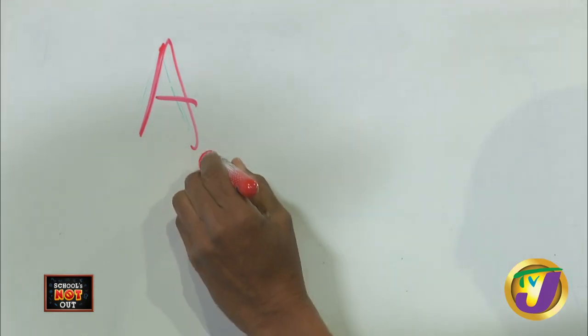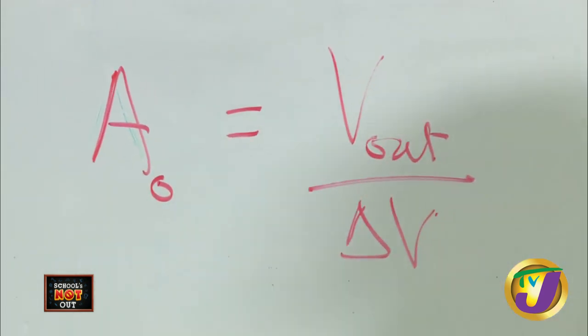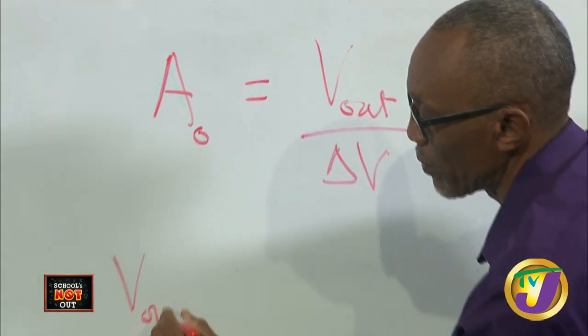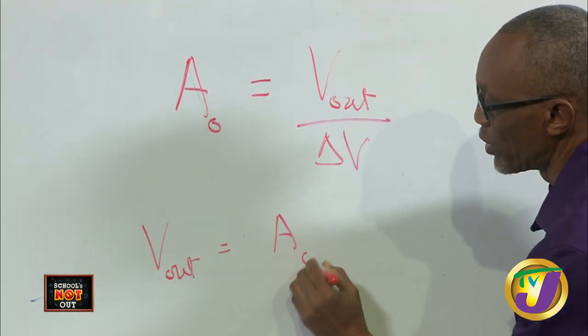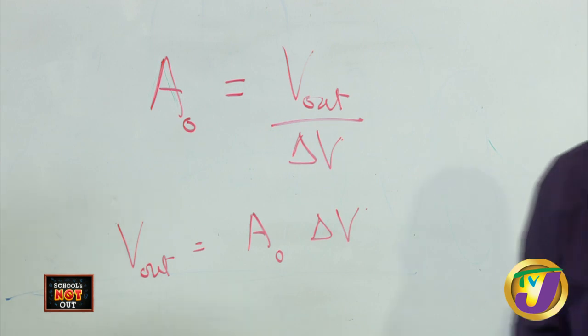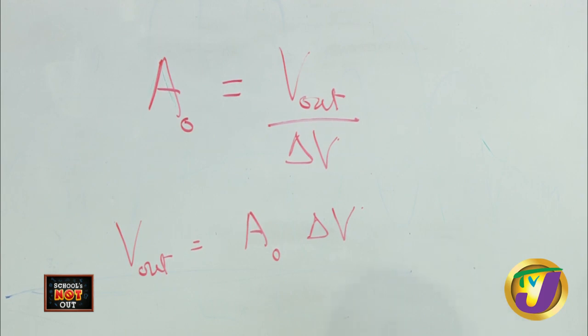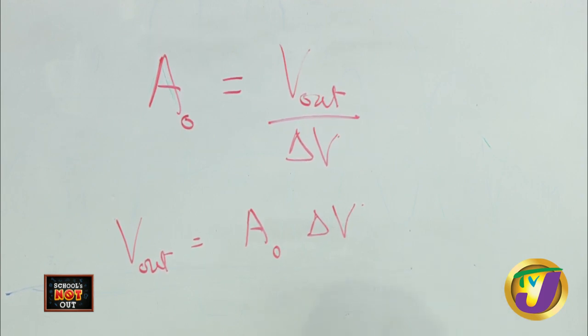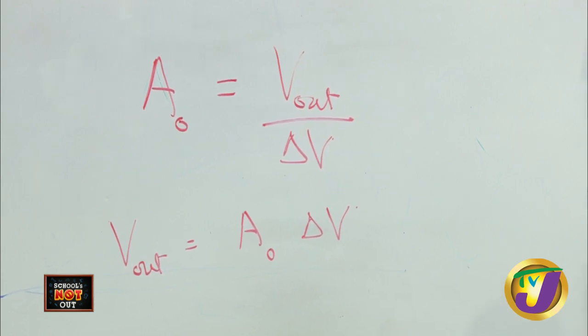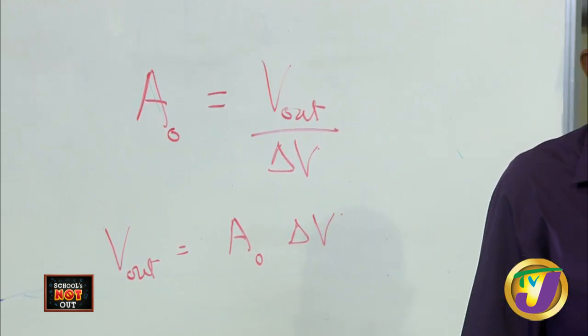So we know that the open loop gain is equal to V out over the difference in the voltages. So the output would be equal to the open loop gain times the difference between the two inputs, right? The difference between the two inputs is 12 microvolts, 12 by 10 to the negative 6 volts, and the gain is 100,000, which is 10 to the 5, all right? So 12 by 10 to the negative 6 by 10 to the 5 will give you 1.2 volts, all right?